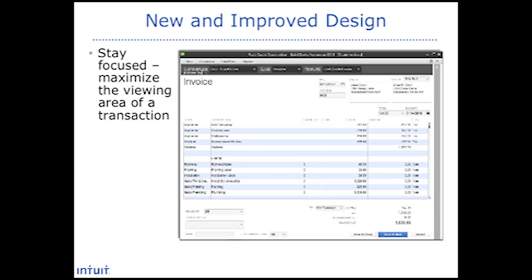But sometimes the transaction that we're working on is prime real estate, and we want to be able to look at that whole transaction or as much as we can of that transaction. So you can actually maximize that view by clicking a little button in the upper right-hand corner that I will show you, and then minimize the view and bring back the navigation bar and the ribbon bar, which I'm going to show you next on that.